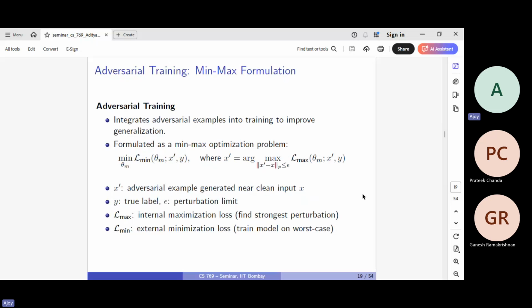For example, both could be binary cross entropy loss, or one of them could be TRADES with KL divergence, etc. The outer loss function is the one on which we try to minimize our loss to get effective parameters for the classification, whereas the inner loss function will try to maximize it in order to obtain an adversarial x dash, an adversarial example generated, which is a copy of x with some sort of perturbation in it. We'll try to maximize this.